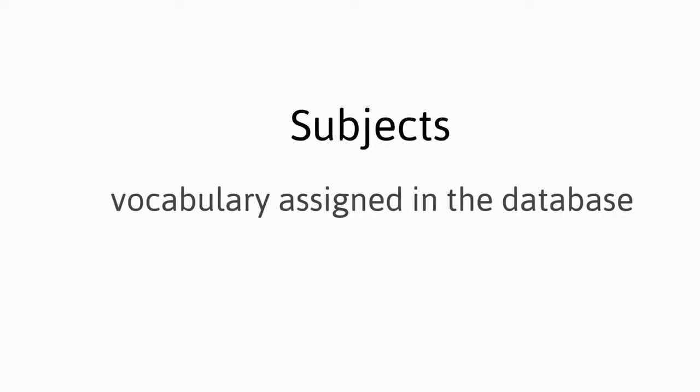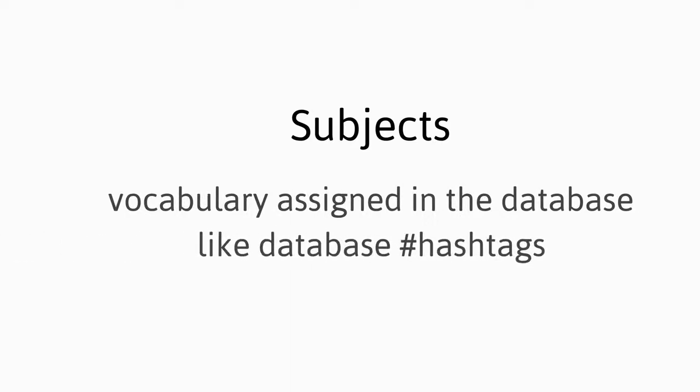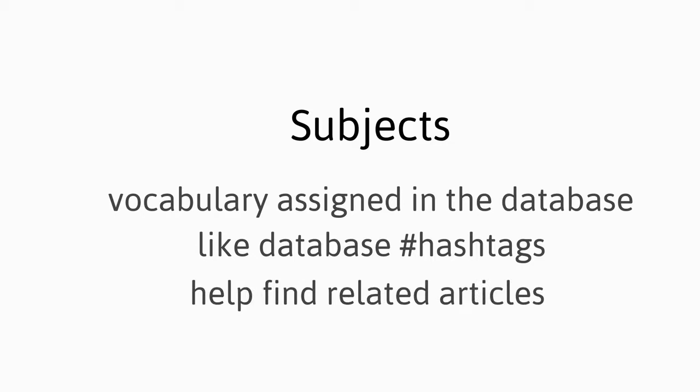And finally, using the subject words or the hashtags that are assigned within a database. The subject words really help explain what the article is about and can lead you to other articles that are related and are assigned those same subject words.